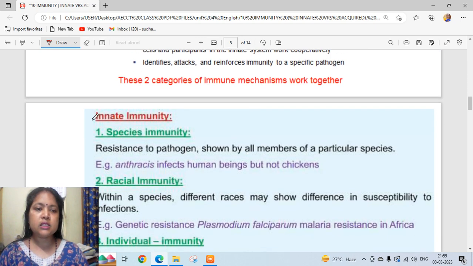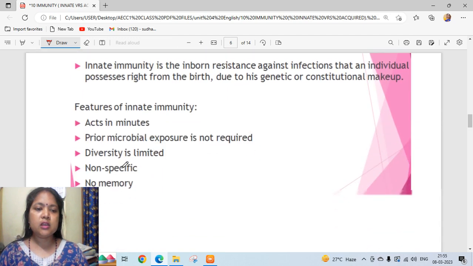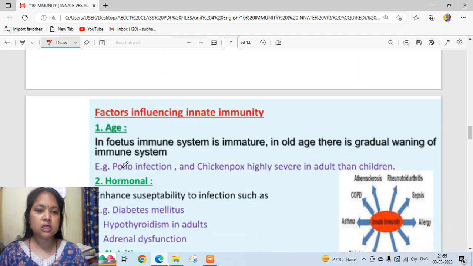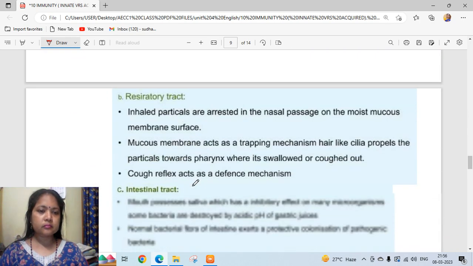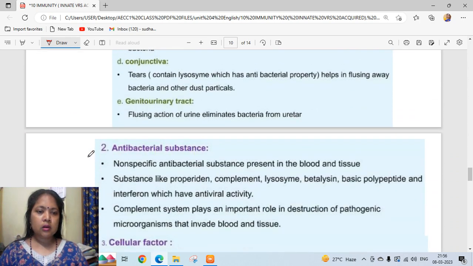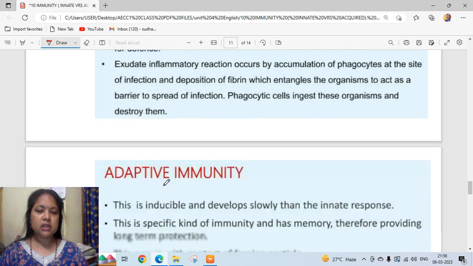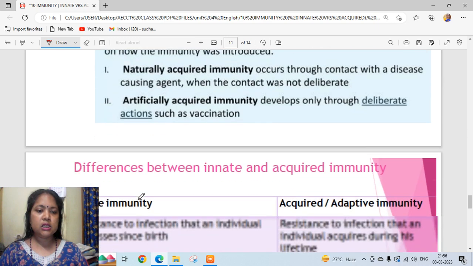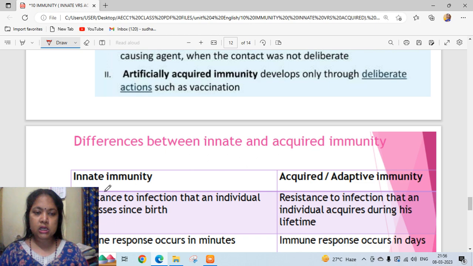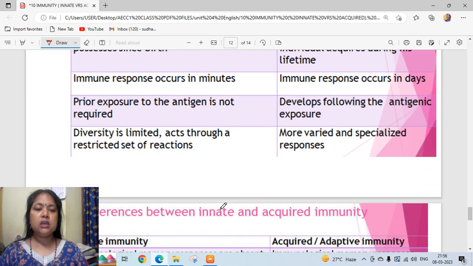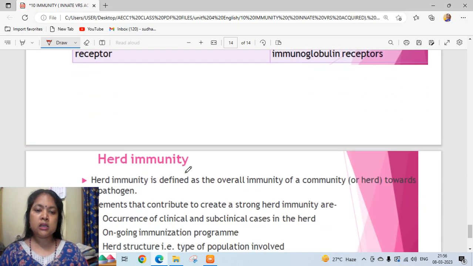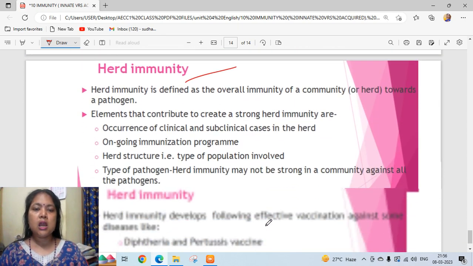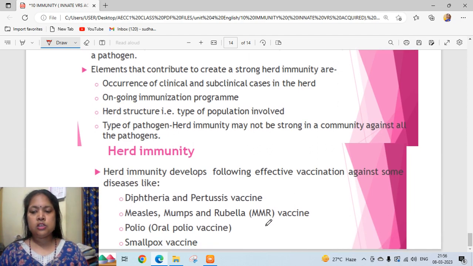Then what is innate immunity, the features of innate immunity, and factors influencing innate immunity. Then the mechanism of innate immunity, antibacterial substances, then what is adaptive immunity, then the difference between innate and acquired or adaptive immunity. And then we will discuss herd immunity, and with this our discussion will be over.